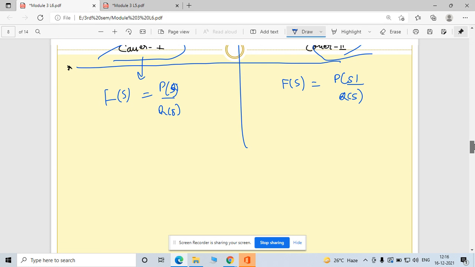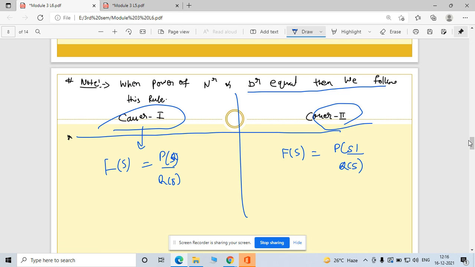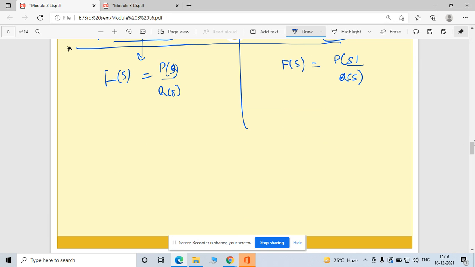So if I am talking about this Cauer 1 circuit, then in that circuit you have to use the pole zero concept. If the numerator degree is equal to the denominator degree, then you have to take the critical pole, right? You have to first of all observe what are the poles and zeros. Suppose Z1 and Z2 are zeros for this function, and P1 and P2 are poles of this function.